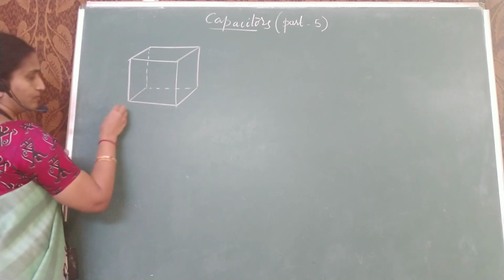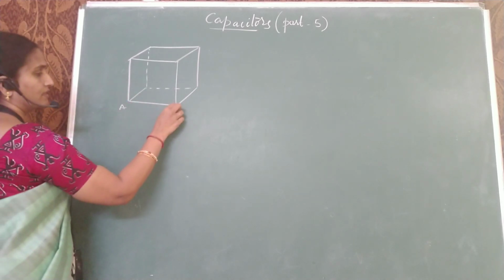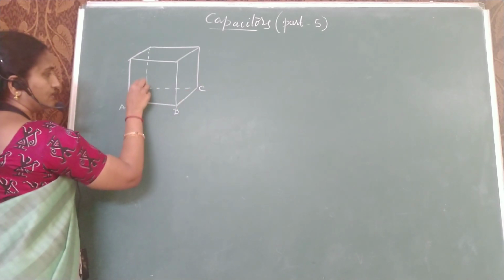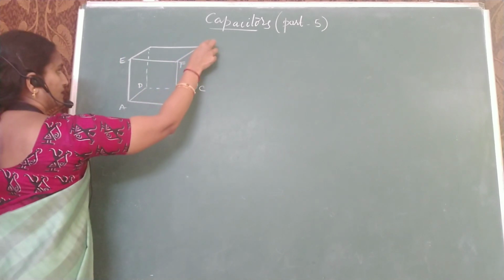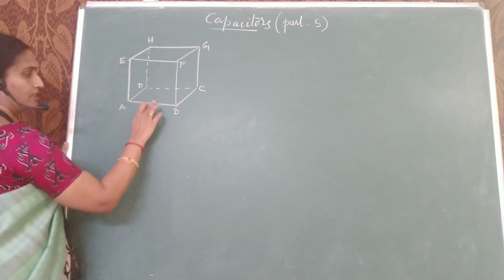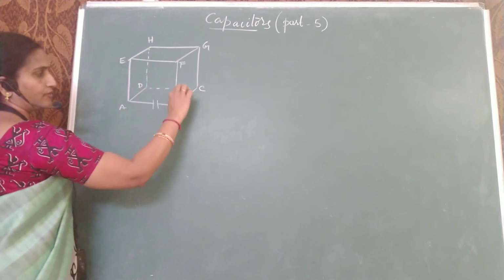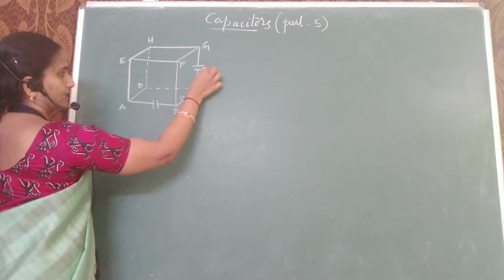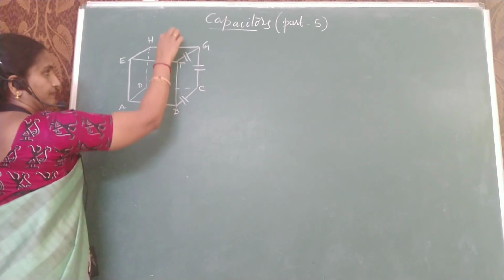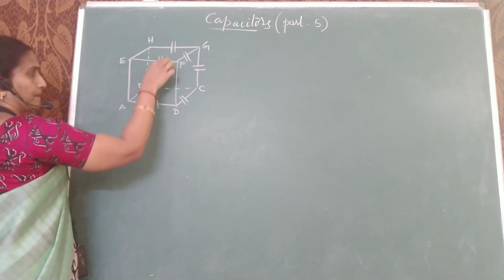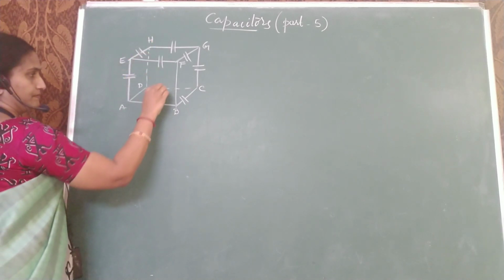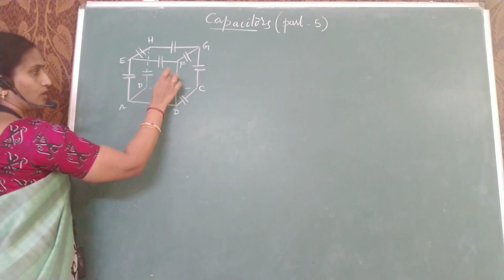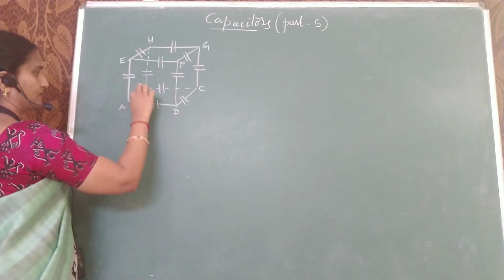Assume that this is a cube. I will name it as A, B, C and D, E, F, G and H. Across each edge of a cube I am taking one capacitor. Altogether there will be 12 capacitors.